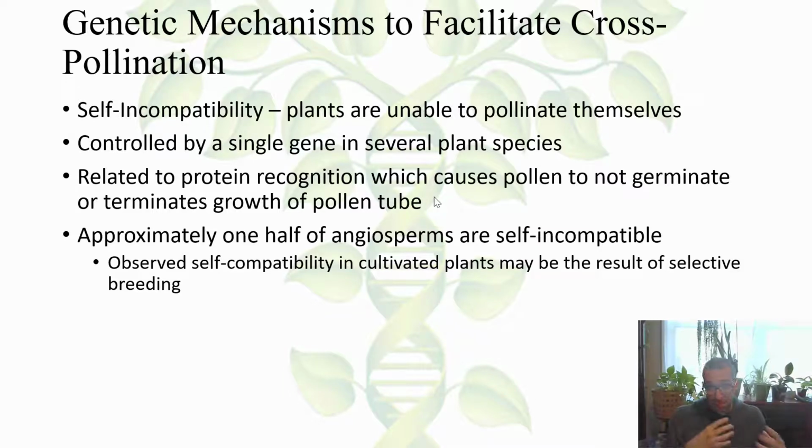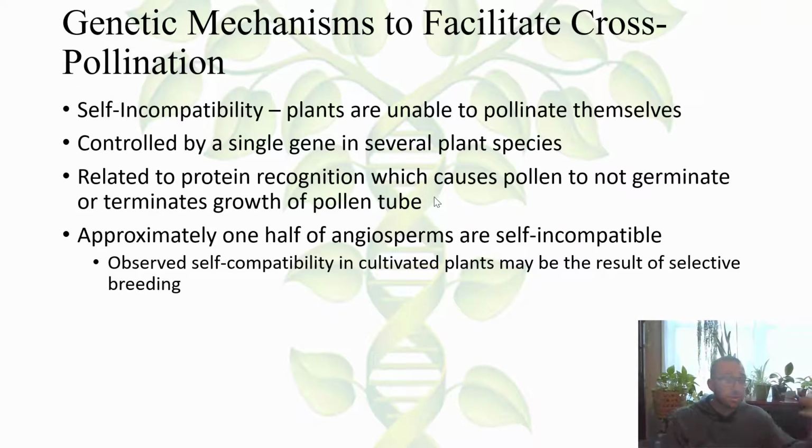That this is protein to them. And when they recognize that on the pollen, it will abort the growth of the pollen tube. So it will never grow and never get down to the ovaries. It can never reach the ovules or fertilize the egg.